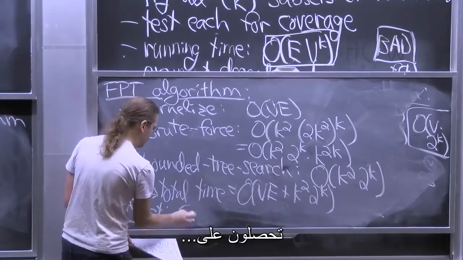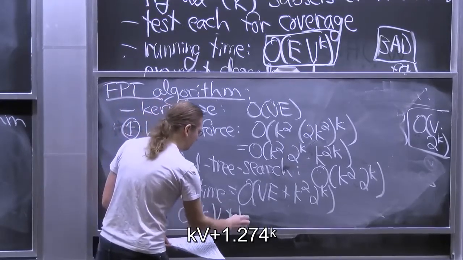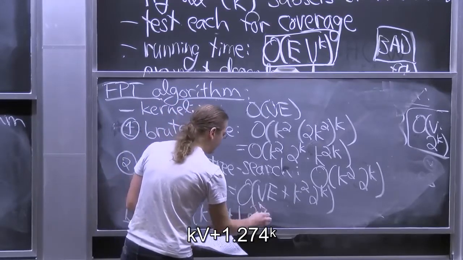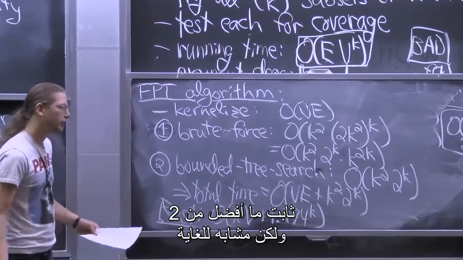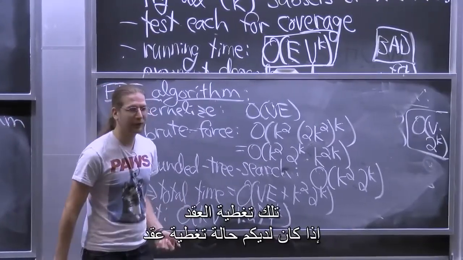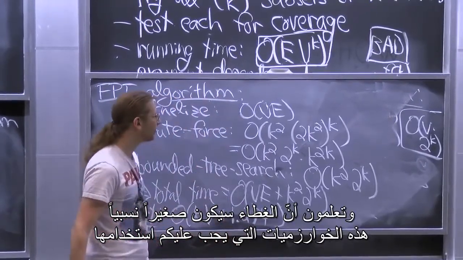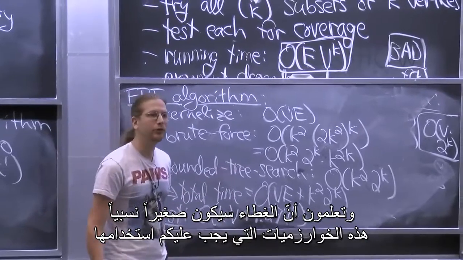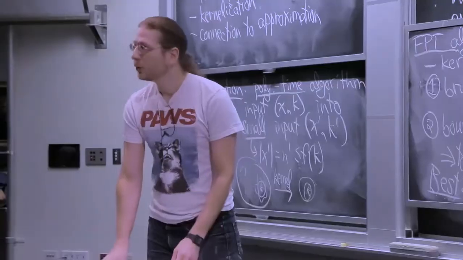And you get kV plus 1.274 to the k. Okay, some constant better than 2, but very similar. That's vertex cover. If you have a vertex cover instance and you know that it's going to have a relatively small vertex cover, these are the algorithms you should use. Any questions?